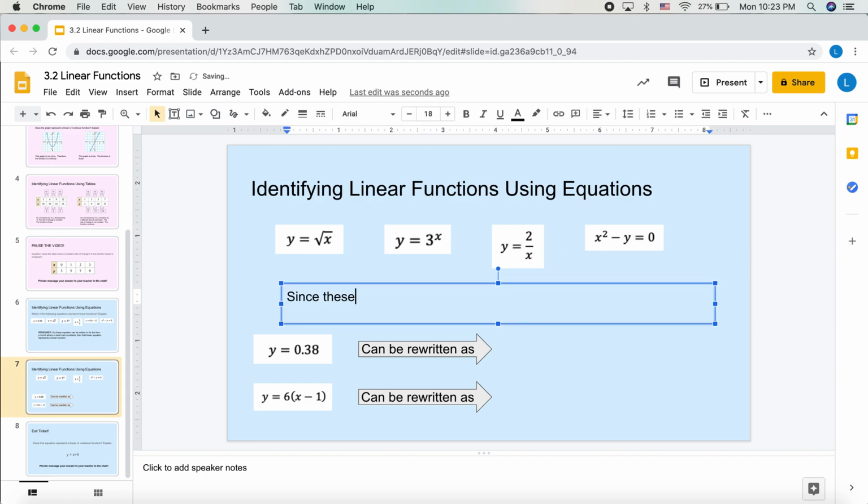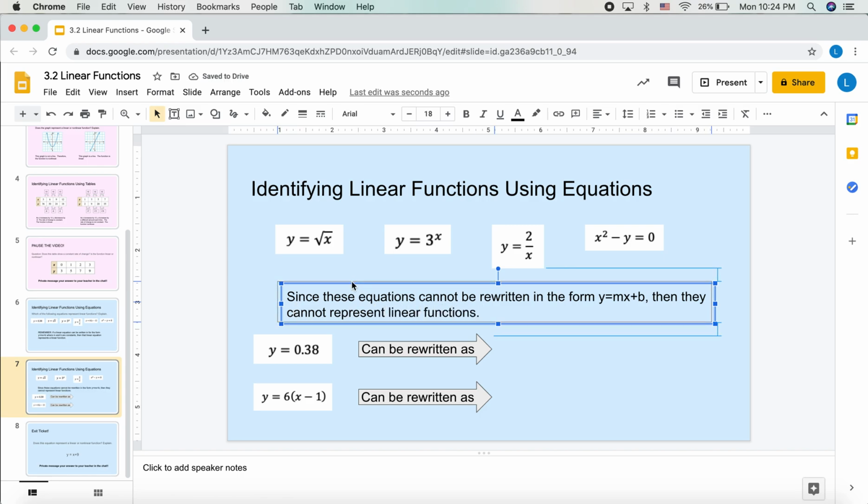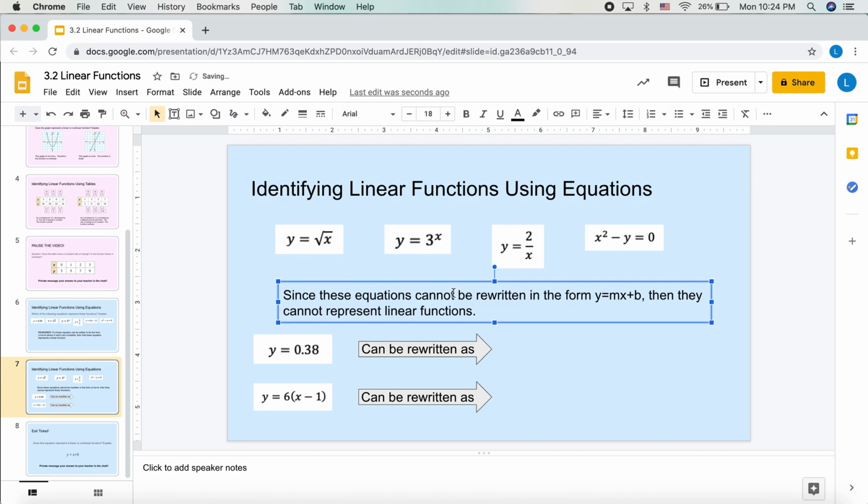So since these equations cannot be rewritten in the form y equals mx plus b, they cannot represent linear functions. Again, it's not possible for them to represent linear functions.